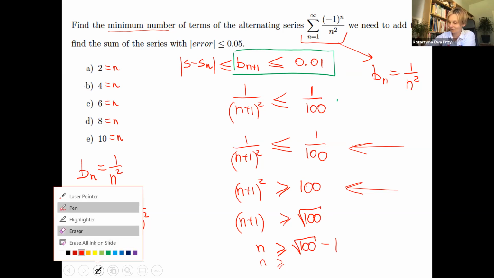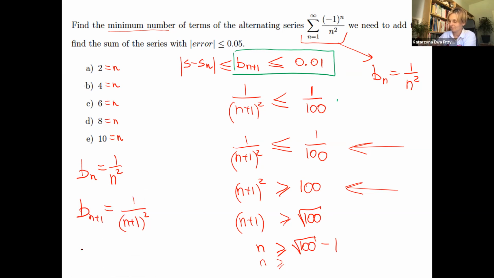Now we have 10. Let's maybe ignore this. We will solve it, and I can show you how to solve it a different way. Now it's 10 minus 1, which is 9. As we can see, 9 is the minimum number of terms.